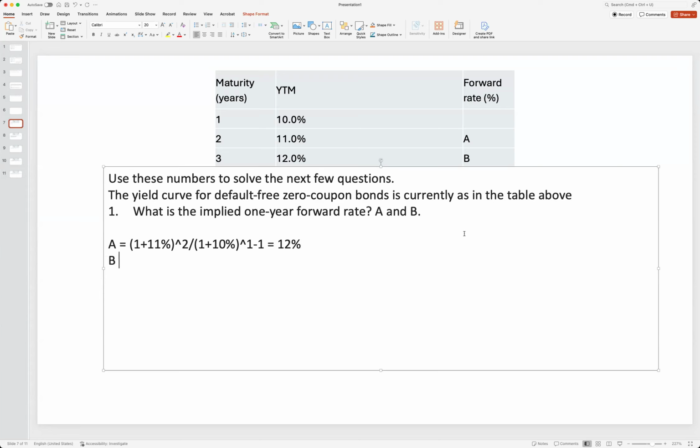Now, what about B? Same. The forward rate between year 2 and 3 is the ratio of the long rate and short rate compounded appropriately.